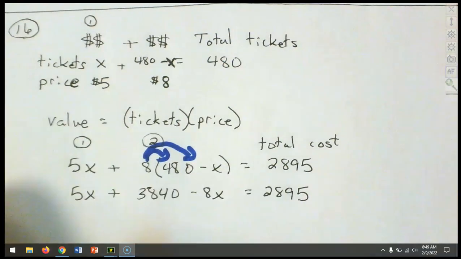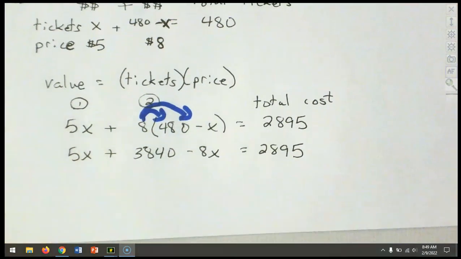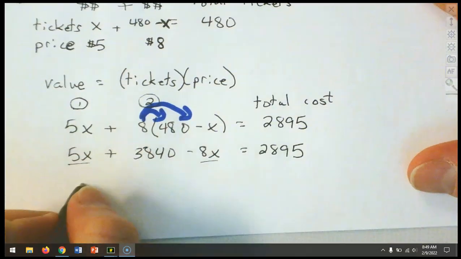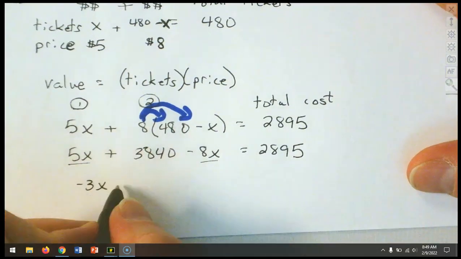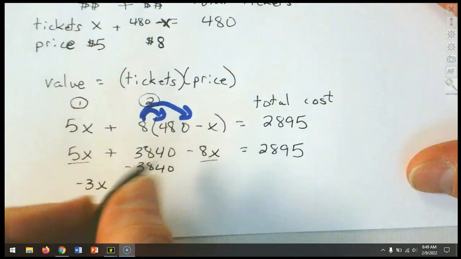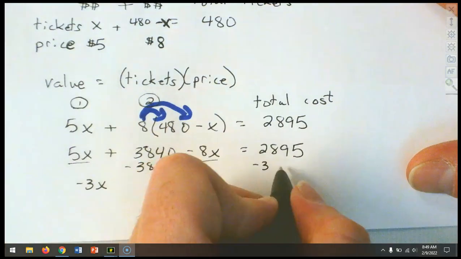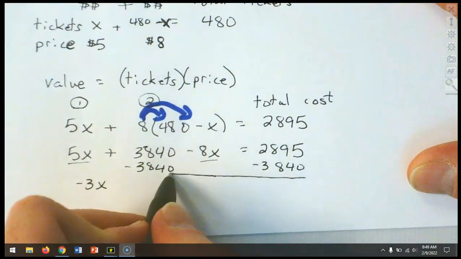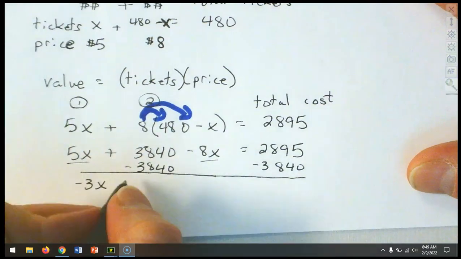All we have to do is combine terms together. So 5X and a minus 8X, that leaves a minus 3X. And I'm going to go ahead and move that 38.40 over. So I think we can do that all in one step here. So I just combine like terms, and I'll move that 38.40 over.